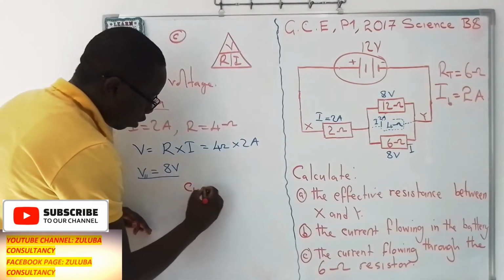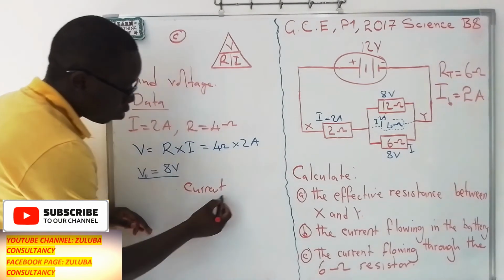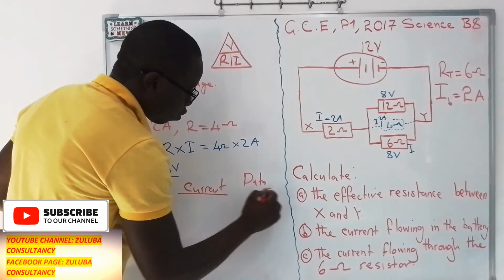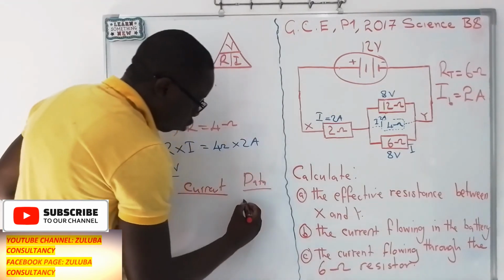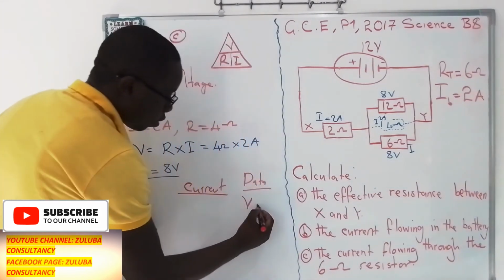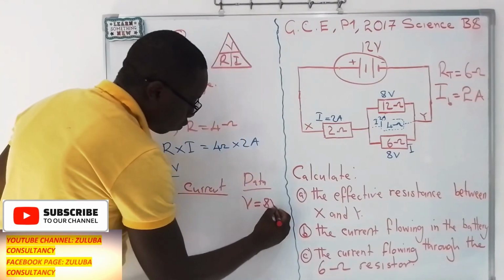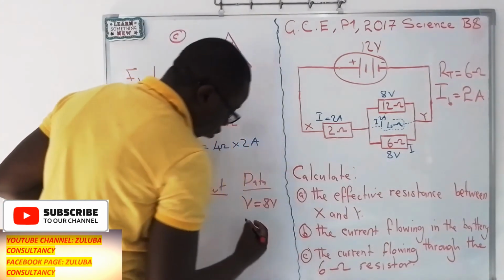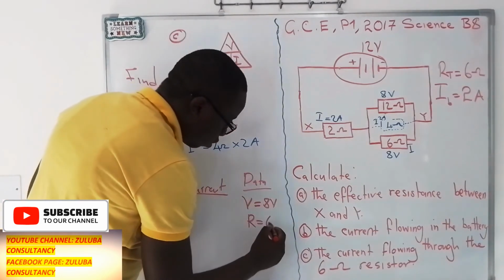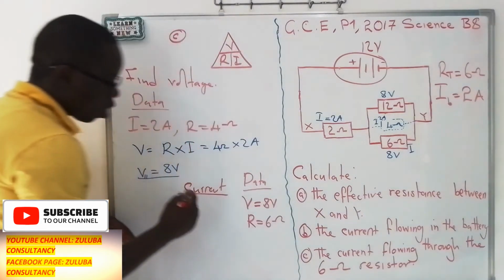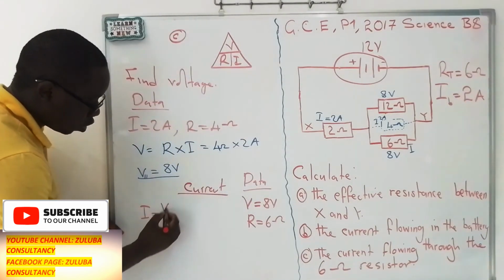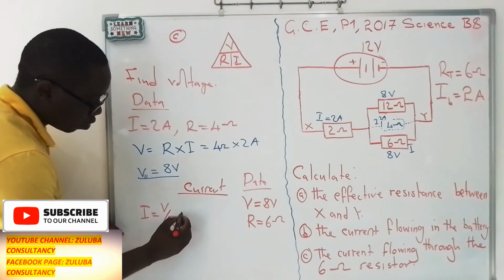So let's calculate the current at that point now. We need to get some information for that point. The first one is the voltage that is reaching this point, which is 8 volts, and also the resistance at that point, which is 6 ohms. Then we know that current is equal to voltage divided by resistance.